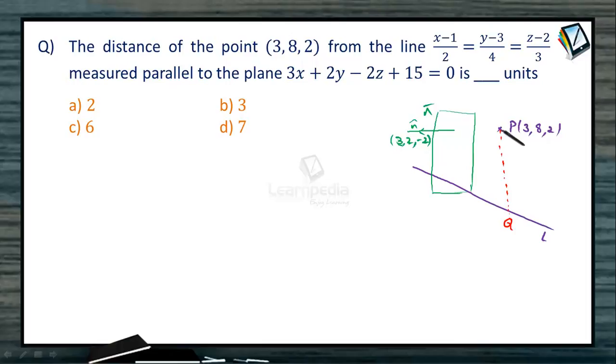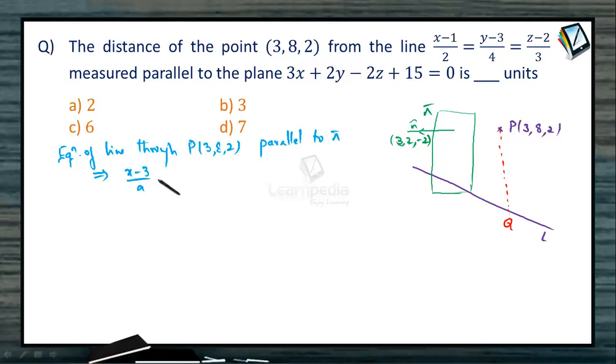The equation of the line passing through the given point P(3, 8, 2) and parallel to the plane π will be in the form (x − 3)/a = (y − 8)/b = (z − 2)/c. Then the line's DRs are a, b and c.